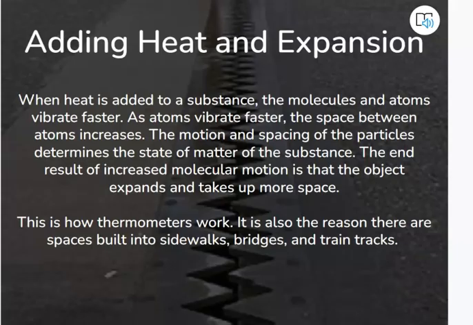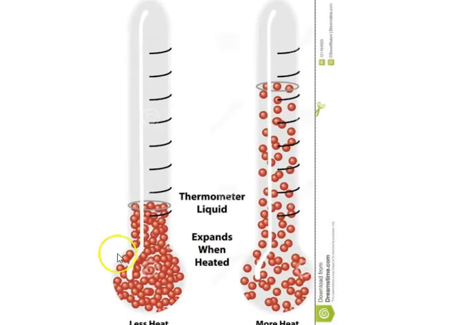But again, one of the things that you may not have really understood, and you'll get to understand it now, is how thermometers work. When you have thermometers and you have that red solution that's in them, the molecules are kind of just sitting there, and the more heat you add, the further and further those molecules spread out, and so you have a higher temperature.